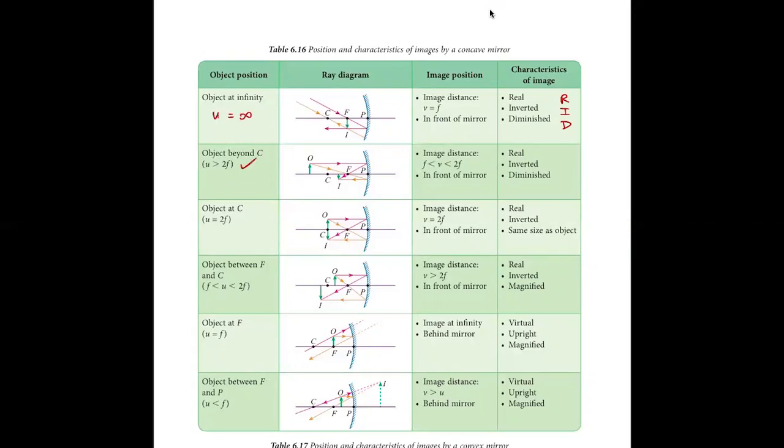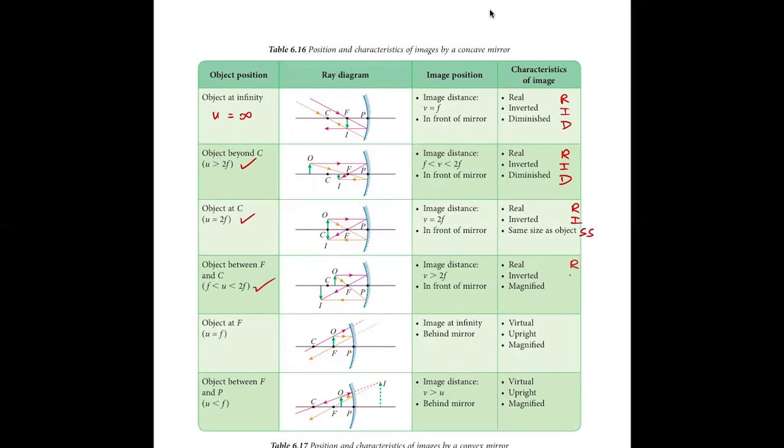This one, object is more than 2F, so it is real, inverted, diminished. When the object is exactly at 2F: real, inverted, same size. Then this one, object is in between F and 2F.